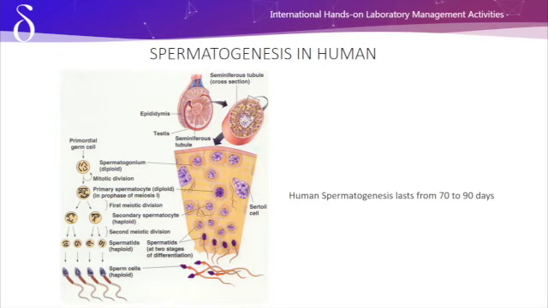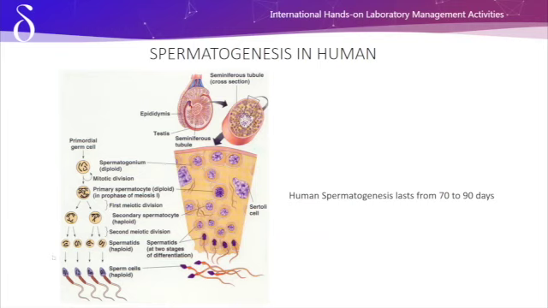And so, for instance, a man that takes antibiotics should not undergo semen analysis, or also an ART cycle, before 90 days from the end of assuming antibiotics.